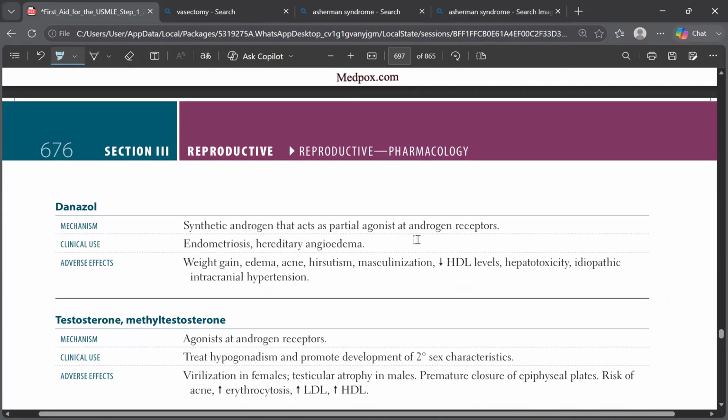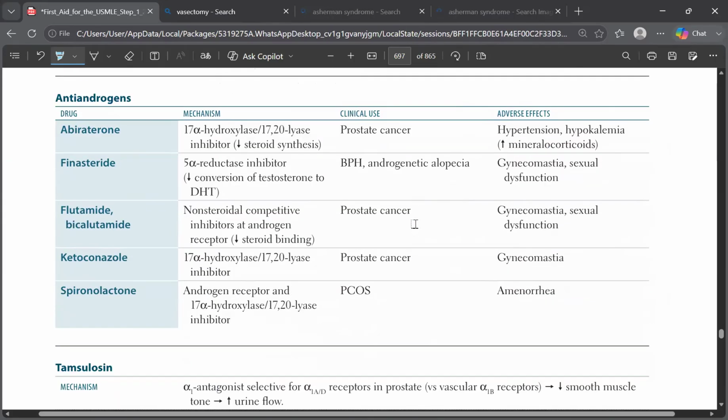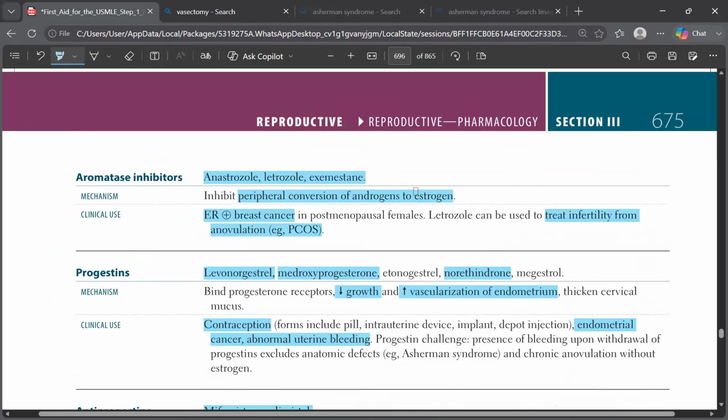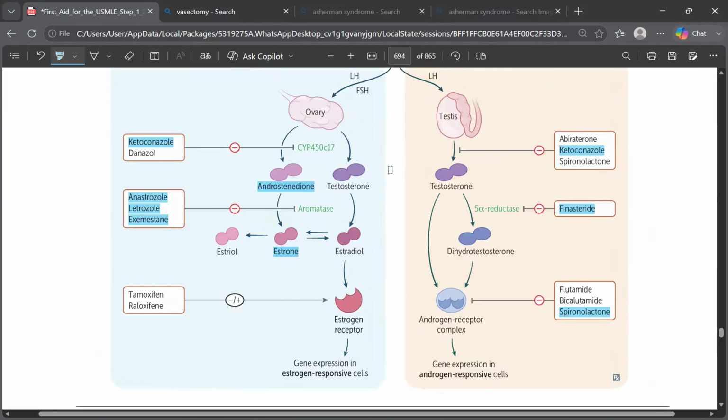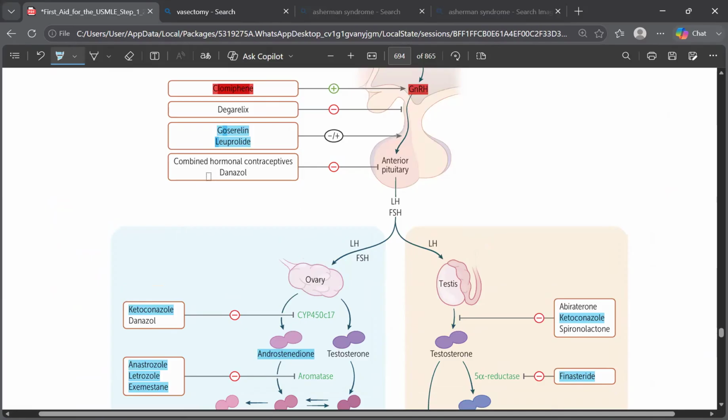Then we have danazol, another enzyme inhibitor that acts in two places. Here, it acts on the CYP450 system in the ovaries, and it also interacts with the anterior pituitary right here.